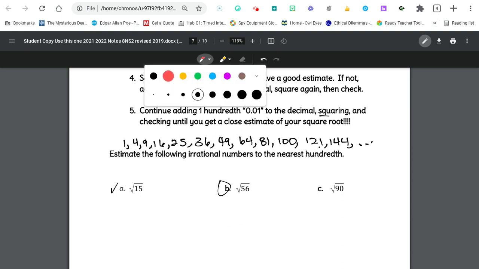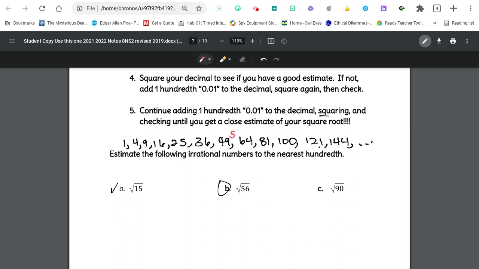And I see that 56 comes after 49, but before 64. So for step 1, I'm going to use 49, 56, and 64.